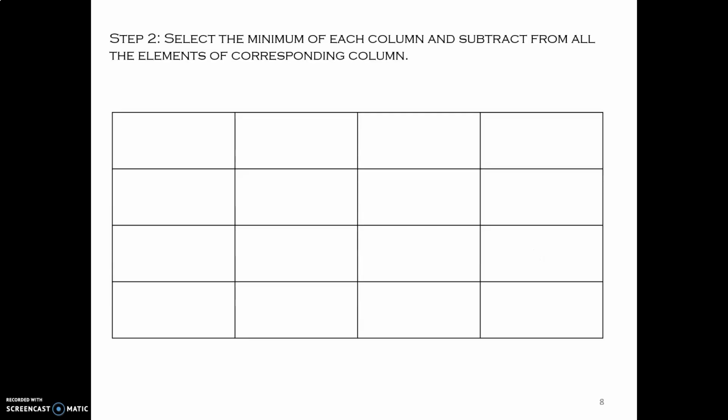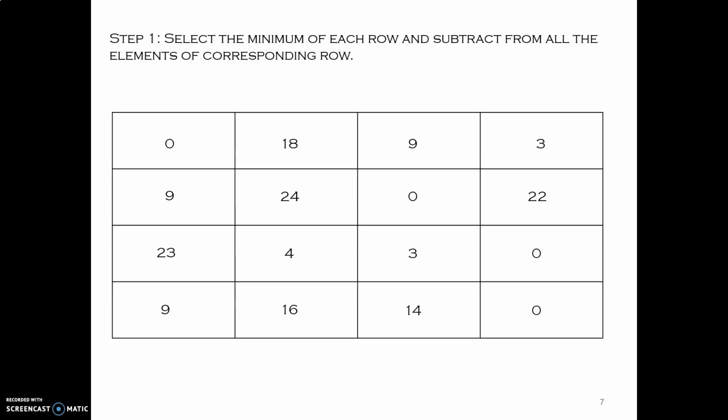Step 2 is: select the minimum of each column and subtract it from all the elements of the corresponding column. Again, a similar exercise has to be done using the columns now. In every column I have to select the minimum. Suppose in column number 1, my smallest number will be 0 again.